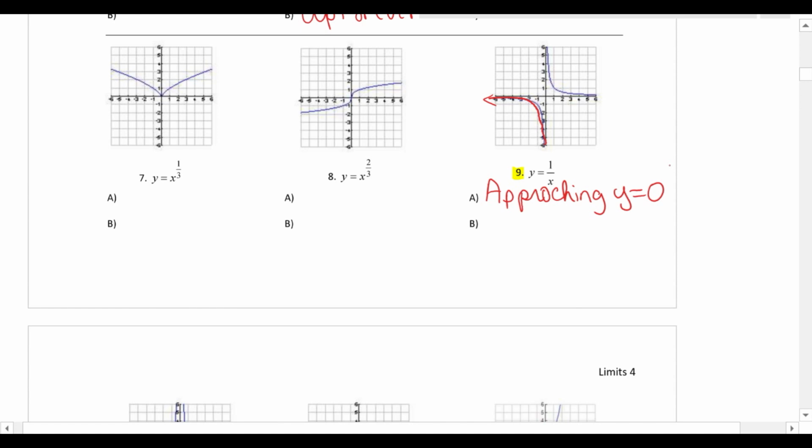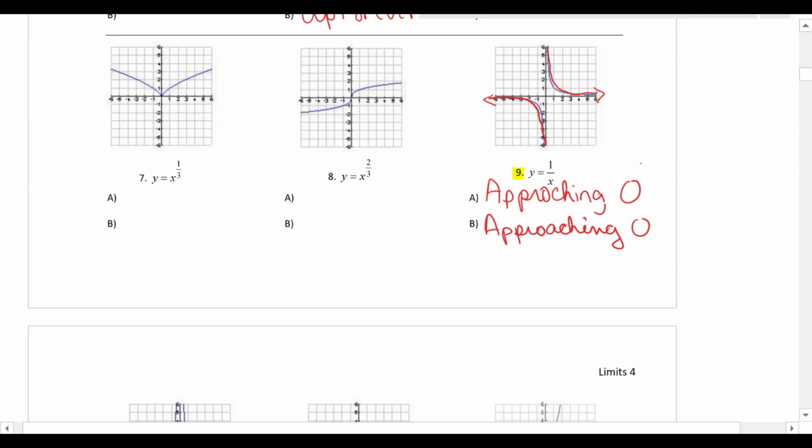And then on this side, going right forever, this side is kind of doing the same thing. So the Y values are approaching 0.